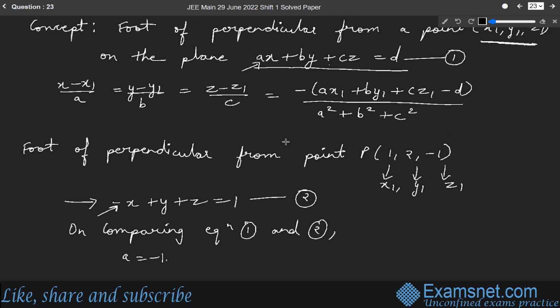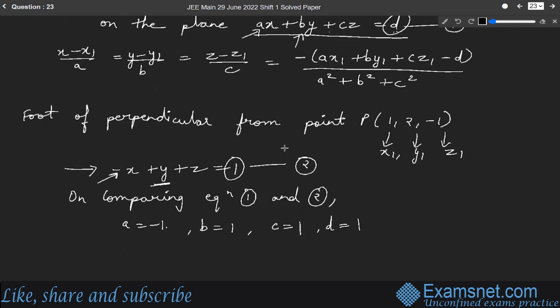It is minus 1. All right. Then what is the coefficient of y? It is 1. So b will be equal to 1. As we know that b is the coefficient of y. Similarly, c will be equals to 1. And on the right hand side, you can see that there is d. So comparing this equation, on the right hand side, we have 1. So the value of d will be 1. All right. Now we have all the values.